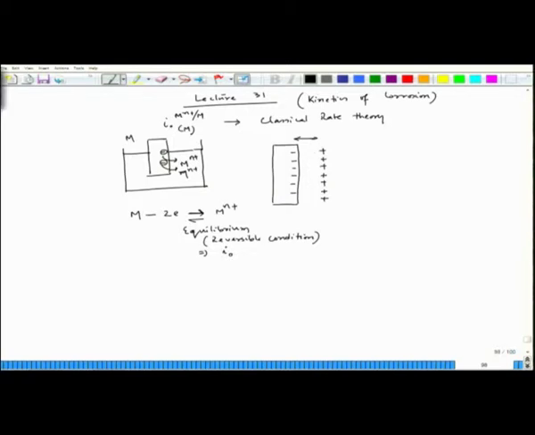At that time we have two boundaries, this is one surface and this is another surface. These two surfaces will be in close vicinity and they will try to cancel out the charge, to balance the charges of each other, and these two layers are called the electric double layer.